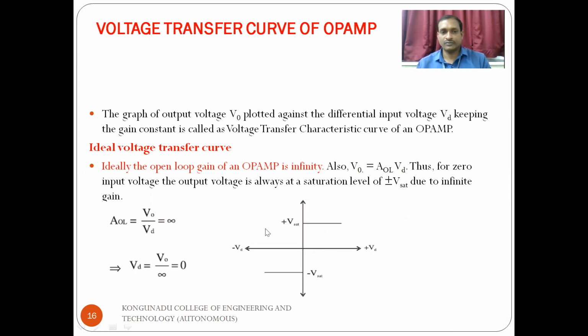At this stage, the output voltage is always at the saturation level, that is plus or minus V saturation, for example plus or minus 15 volts, due to infinite gain. The ideal operational amplifier has infinite gain. For this reason, at the 0 difference input, the output voltage is plus or minus V saturation. So the curve will be a straight line at the saturation level. The output will be saturated.